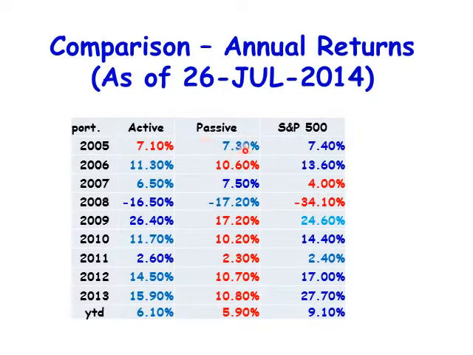In the passive column, they had one best year, two second best years, and other are worst years. Okay. In the Standard & Poor's column, it rarely comes in second best, usually it comes in either best or the worst. Okay. Let's continue.